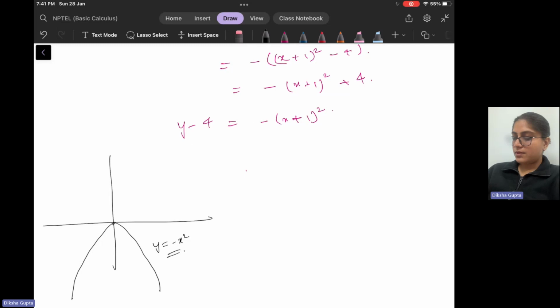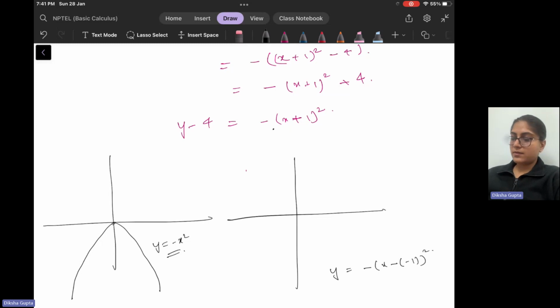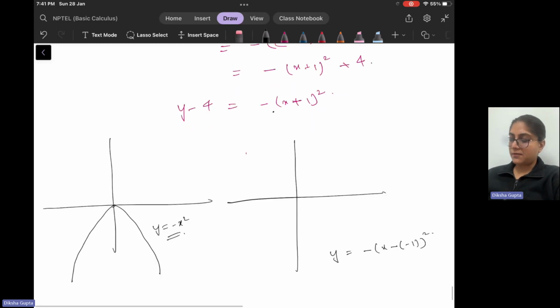Now what we have to change to plot y equals minus (x plus 1) square. This will be like y equals minus (x minus minus 1) square. So our h is negative, so it will shift towards the left, and that too 1 unit, right?